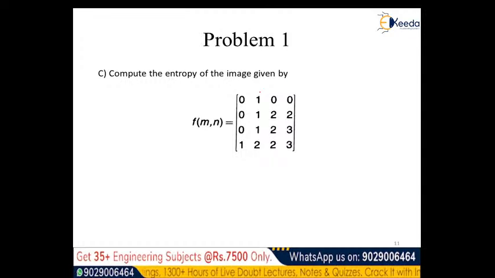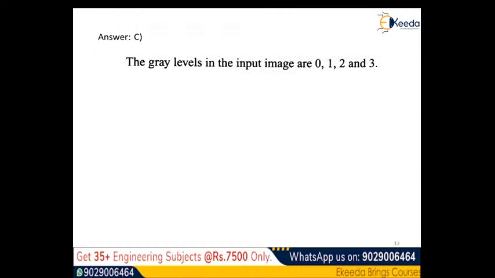So we have two levels, one is 1 and the other is 0. Now we have 2, and we have 3 here. So in total we have 4 gray levels that represent the 16 pixel values. So the gray levels in the input image are 0, 1, 2, 3.